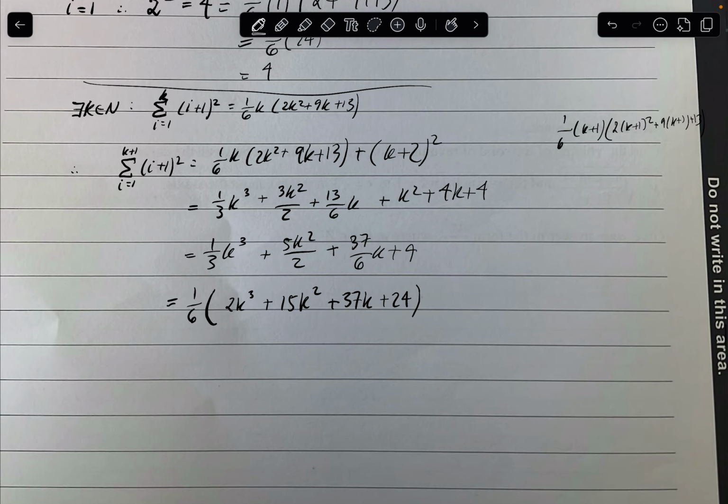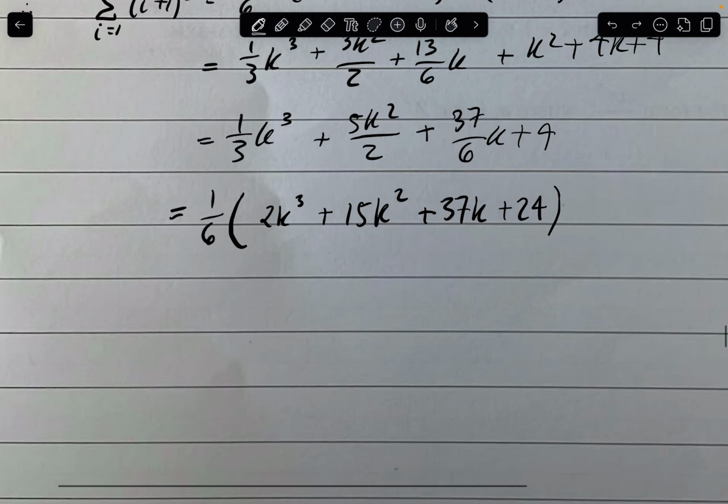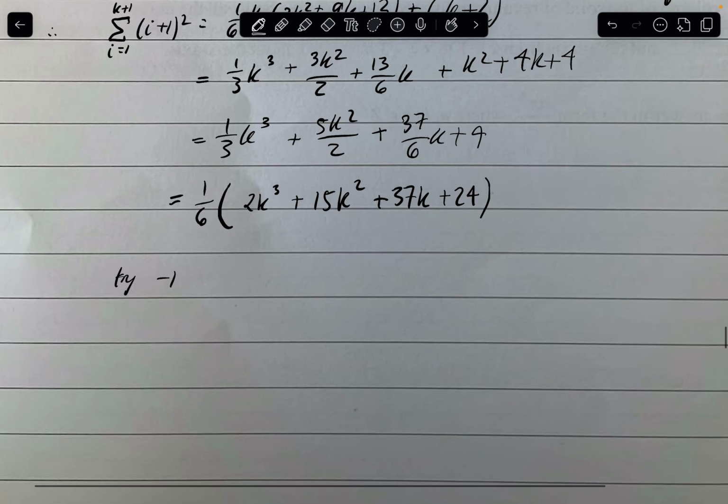Now, I'm assuming -1 is a factor because that's what we want to get. So if we plug in, that would be -2 plus 15 minus 37 plus 24. That is 39 minus 2, which is 37, minus 37, which is 0. So k plus 1 is a factor.